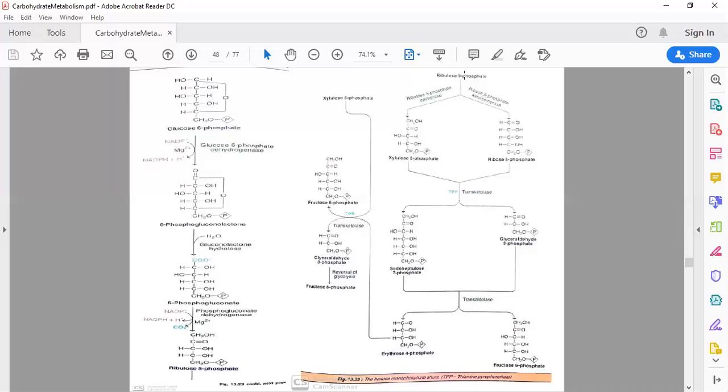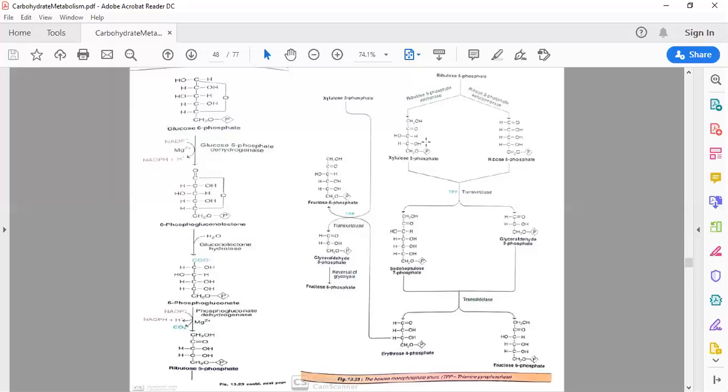The first step in the non-oxidative phase: ribulose 5-phosphate is acted upon by the enzyme epimerase to produce xylulose 5-phosphate, while ribulose 5-phosphate is also acted upon by another enzyme, ketoisomerase, which converts it to ribose 5-phosphate.